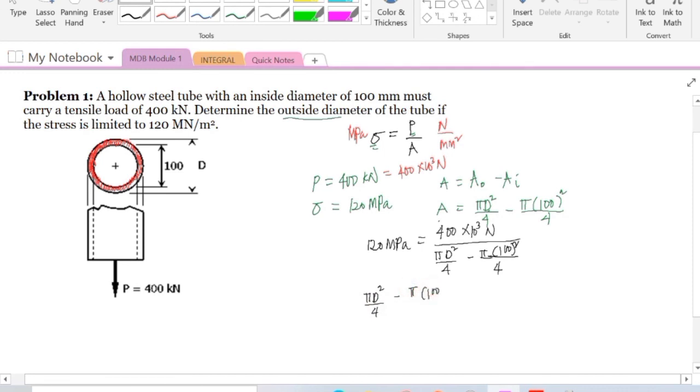So, usually, that is equal to 400 times 10 raised to 3 Newton over 120 megapascal.